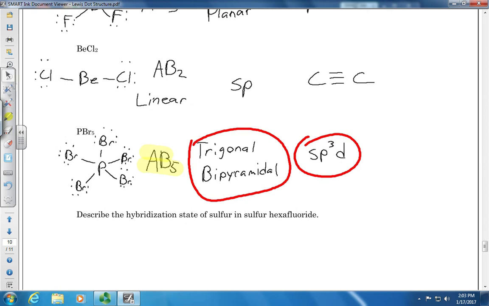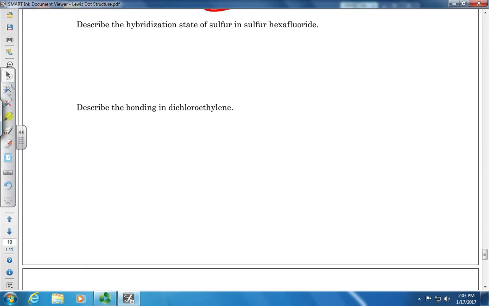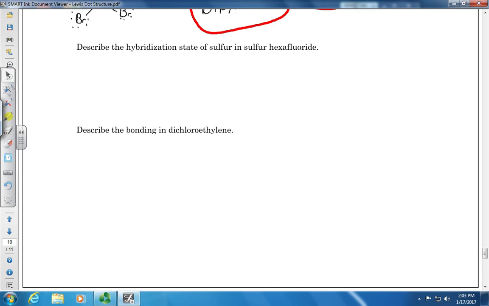So, getting into a little bit more detail, let's look at a description of the hybridization state of sulfur in sulfur hexafluoride. For sulfur hexafluoride, sulfur has 6 valence electrons, fluorine has 7.